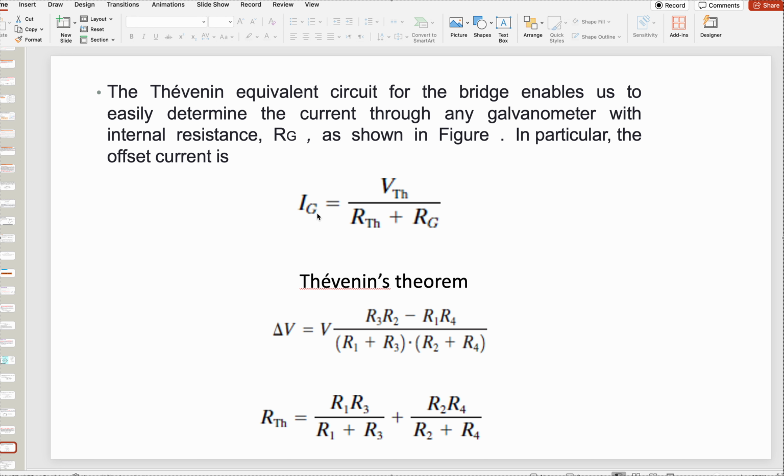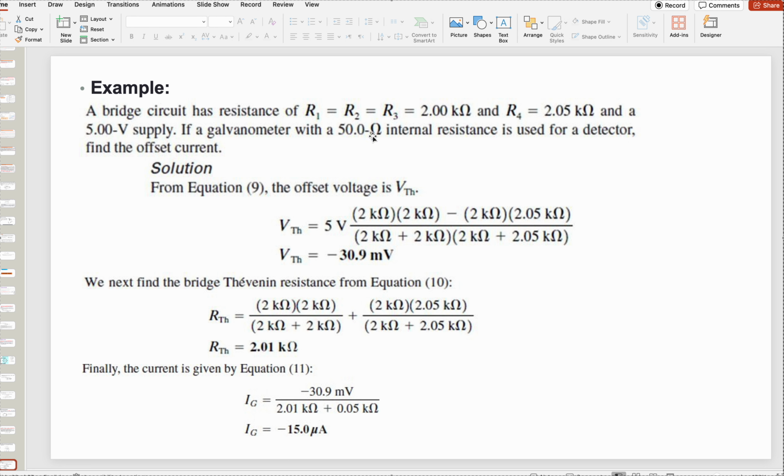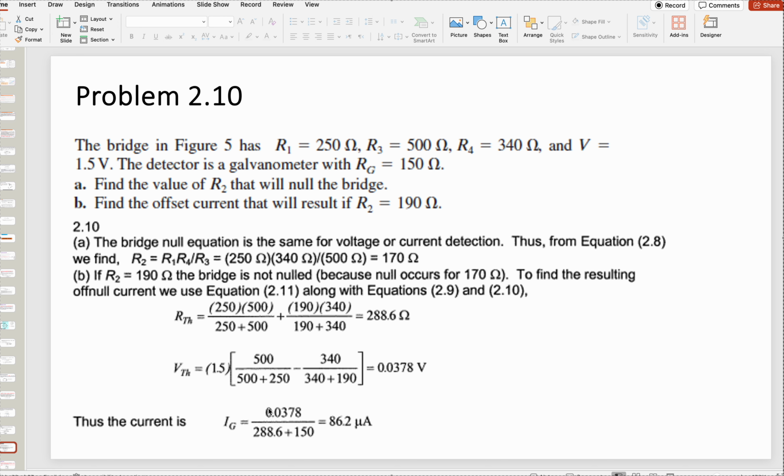But mainly the Thevenin resistance is very important to calculate, and that is reflected very clearly in our delta V. So this is another type of question that you may have if we are using a galvanometer which has an internal resistance. That means we need to use the Thevenin theorem. In this case, you can see that the Thevenin is minus 30.9, and then of course you use the Thevenin theorem to calculate how much current you have in this problem.